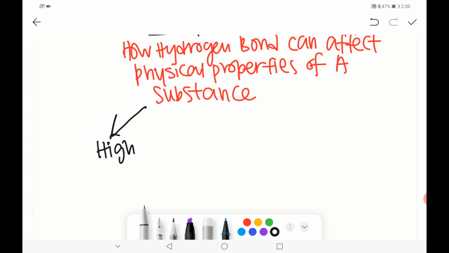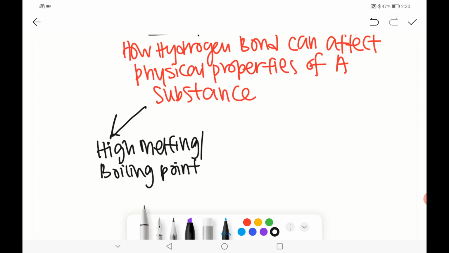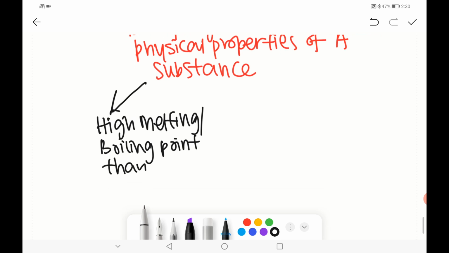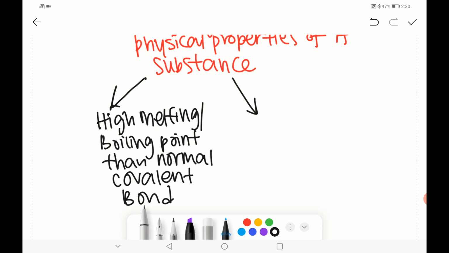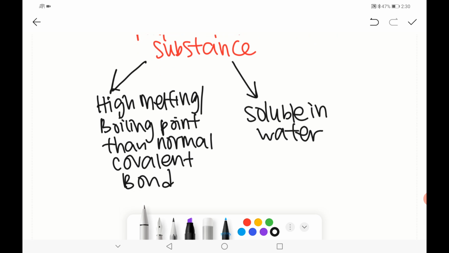High melting and high boiling point compared to some normal covalent compound. I'll further elaborate on this, no worry. Second one, if the substance can form hydrogen bond, the substance would be soluble in water. Let me further elaborate on these two.